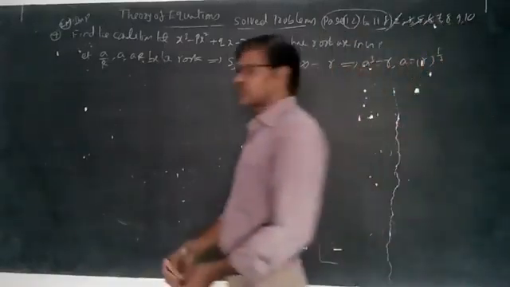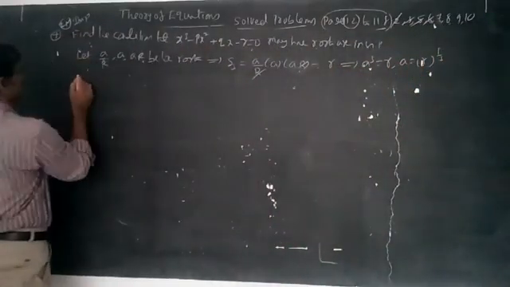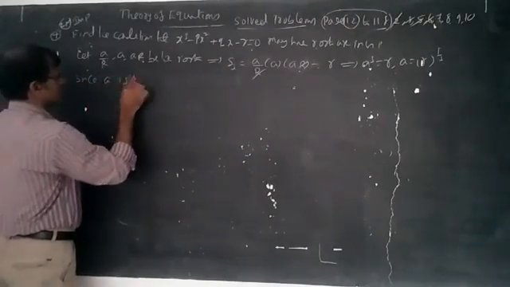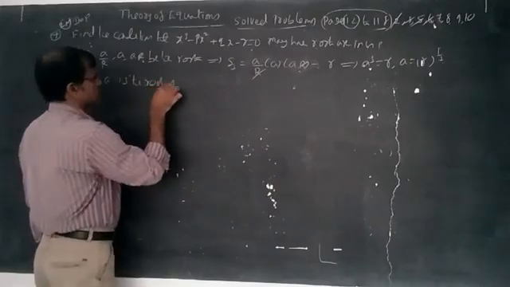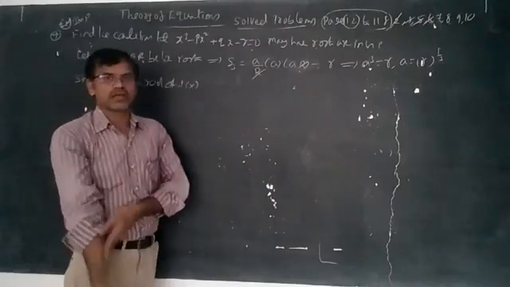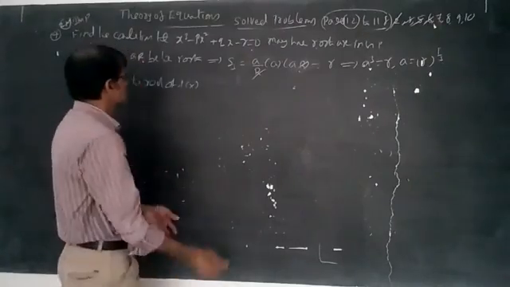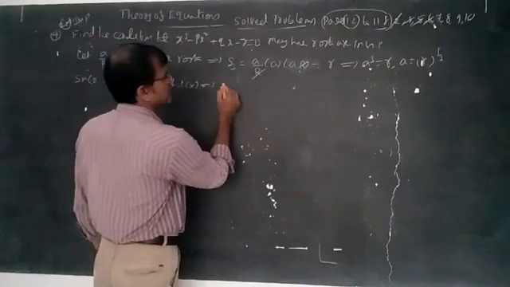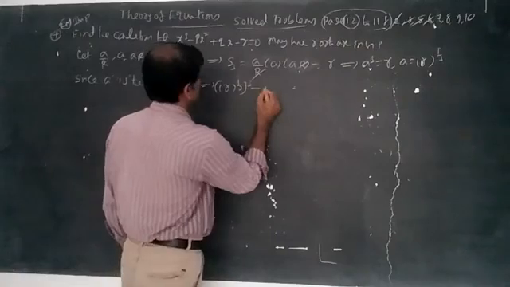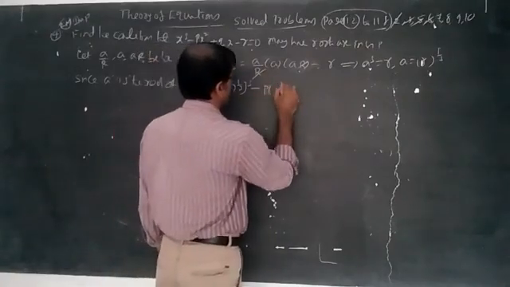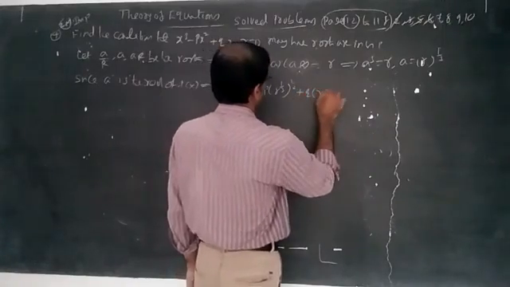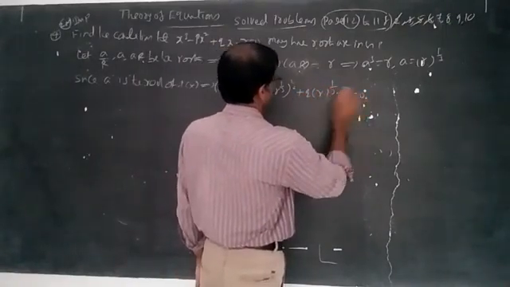Since a is the root of f of x, because we thought a by r comma a comma ar are the roots, a is a root among all the three roots. Substitute the value: r power 1 by 3 whole cube minus p into r power 1 by 3 whole square plus q into r power 1 by 3 minus r is equal to 0.